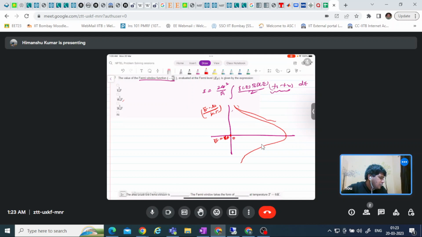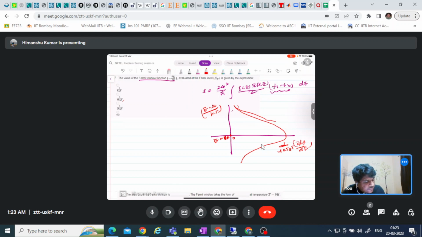multiplied by 1 by 4 kBT. If we plot this, the area of this curve is 1, and this function is 4 by df by dE.